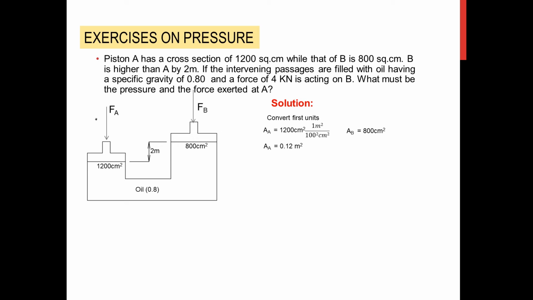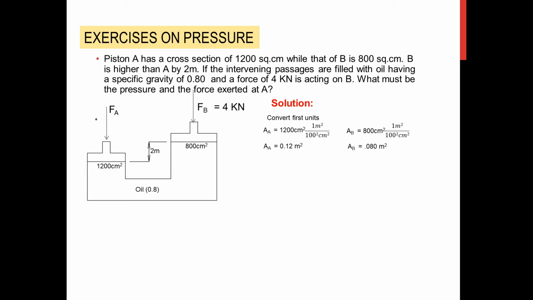Similarly, the area of piston B is 800 centimeters squared. Using the same conversion factor, we arrive at an area of piston B equal to 0.08 square meter. Now that all our areas are in meters, we have a consistent unit to be paired with the force of 4 kilonewton, which is acting at B.